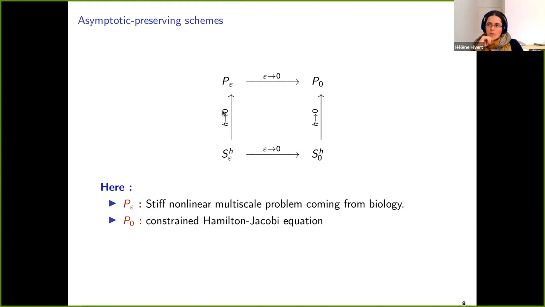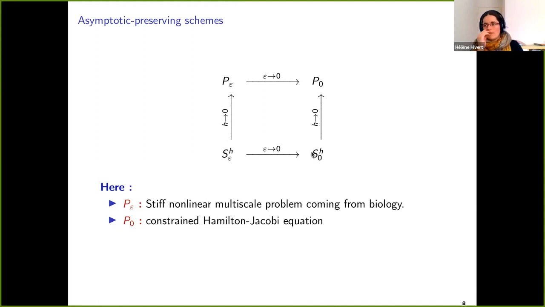Usually, and this is a very important difference with asymptotic-preserving schemes for kinetic equations. Usually, when you design an AP scheme for a kinetic equation, the hard problem is the design of the scheme and the proof of its behavior when epsilon goes to 0. Usually, it is relatively easy to have this arrow, so the convergence of the scheme when epsilon is positive.